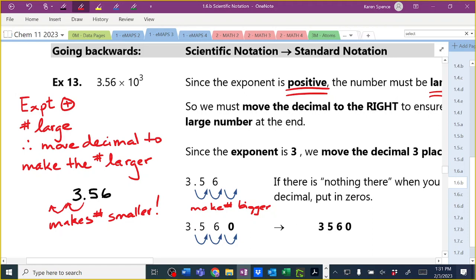And because the power is 3, we move the decimal place 1, 2, 3 places. Now you'll notice in that little third place there is nothing, so we can put a 0 in there. So that means that our new number is 3560. We have moved our decimal place 3 places to the right.